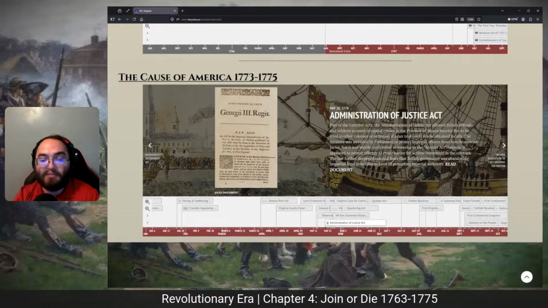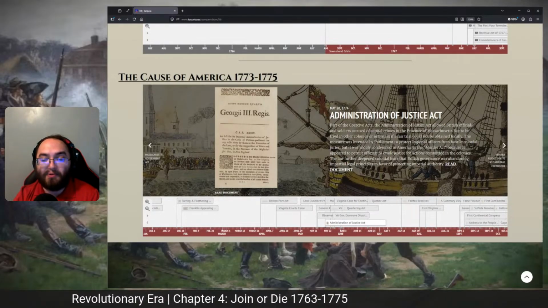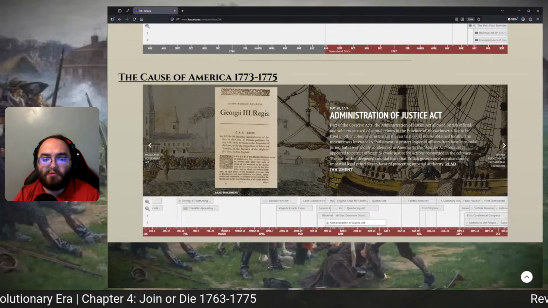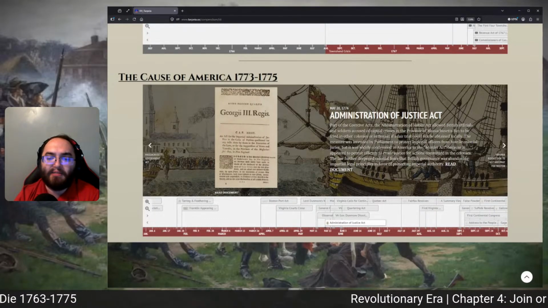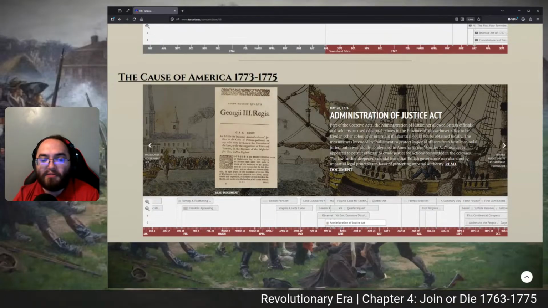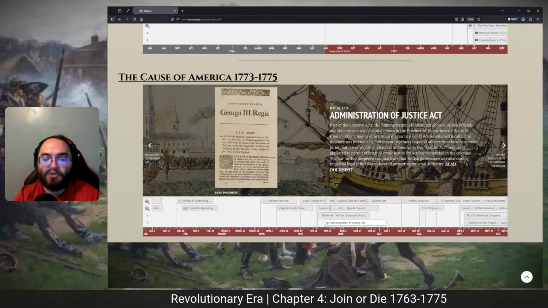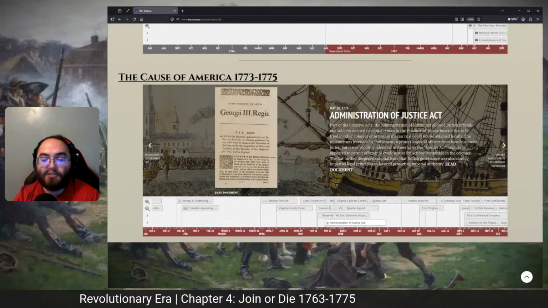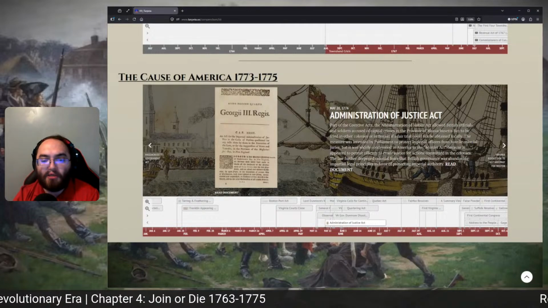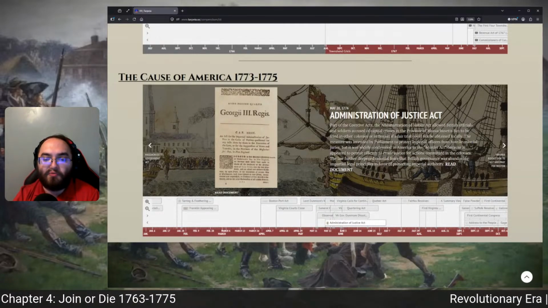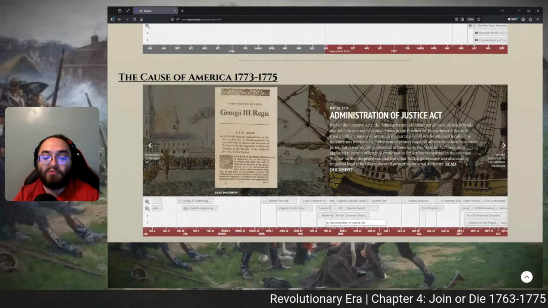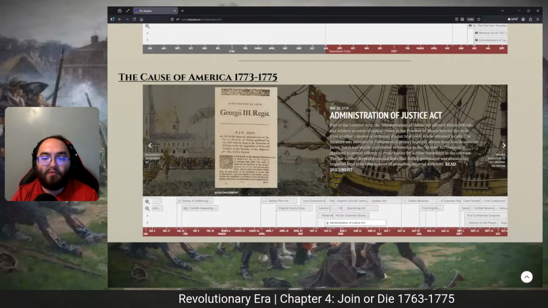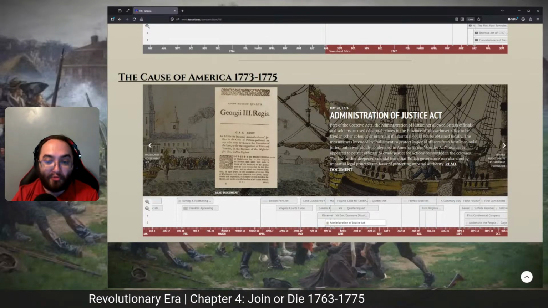The measure was intended by Parliament to protect imperial officers from hostile colonial juries, but it was widely condemned in America as the Murder Act because it appeared to permit officials to evade justice for actions committed in the colonies. The law further deepened colonial fears that British governance was abandoning impartial legal principles in favor of protecting imperial authority.